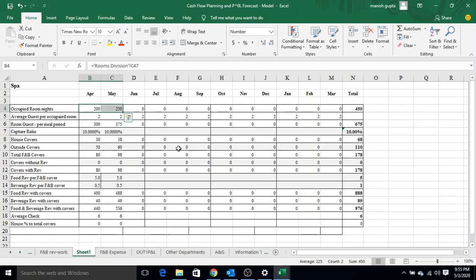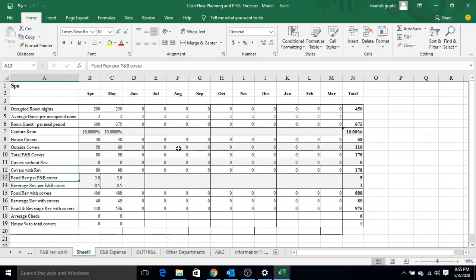So once you know the number of guests, and the number of meals, you can apply the capture ratio, and you will be able to get the in-house guests, the outside guests, the total spa guests, and how much money they are actually spending.